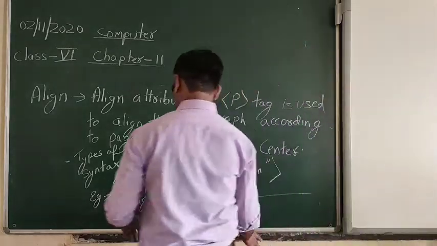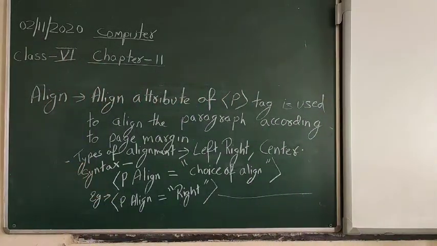So this is the way in which you can use the align attribute in the paragraph tag to align the text towards the right margin of the page. In this way you can present your text to the user of the web page, or display the information to them in the form of paragraphs.